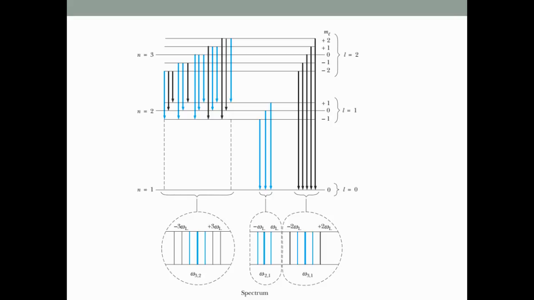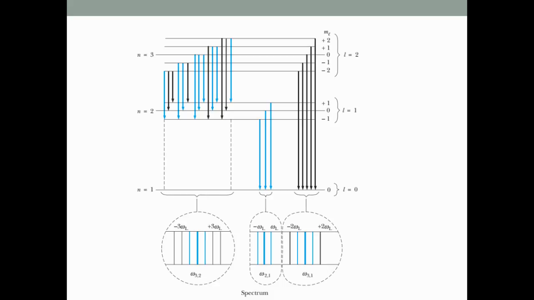And finally, we can say that the splitting of an emission line into a triplet of equally spaced lines, I repeat, splitting of an emission line into a triplet of equally spaced lines, that is the normal Zeeman effect.